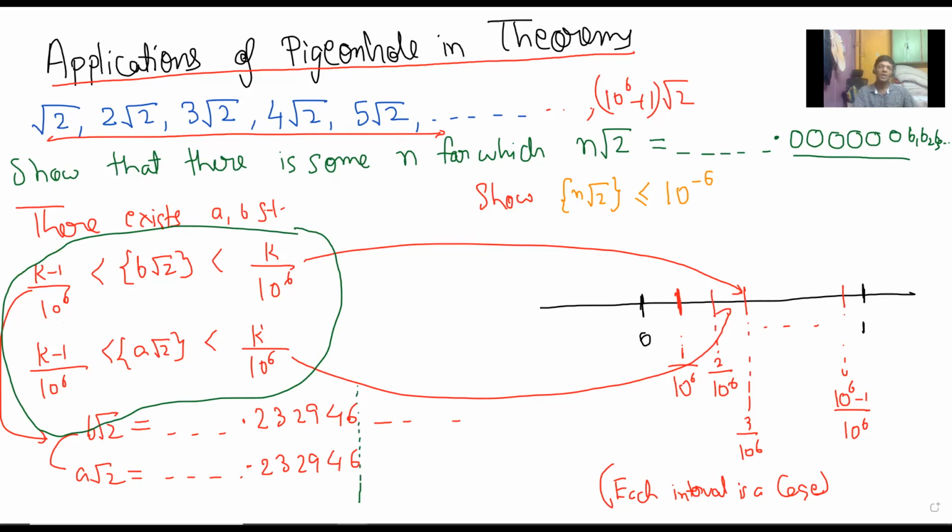K is an integer. You're taking integer multiples, right?